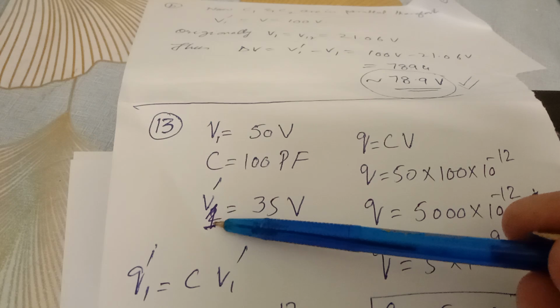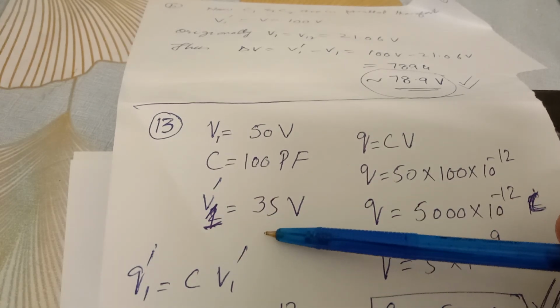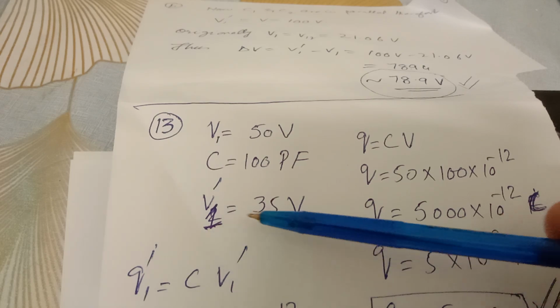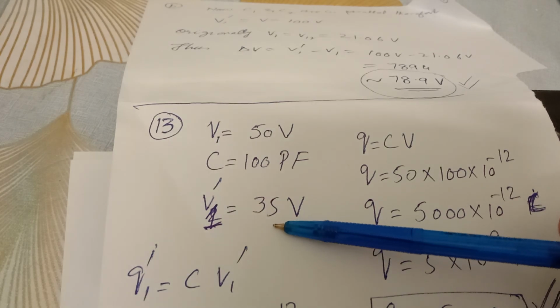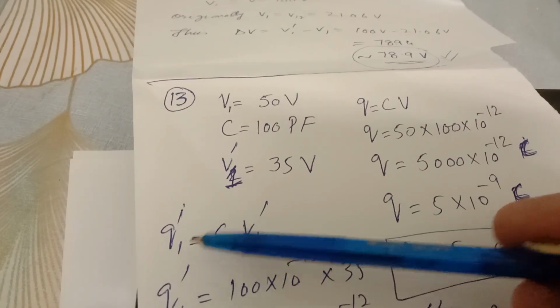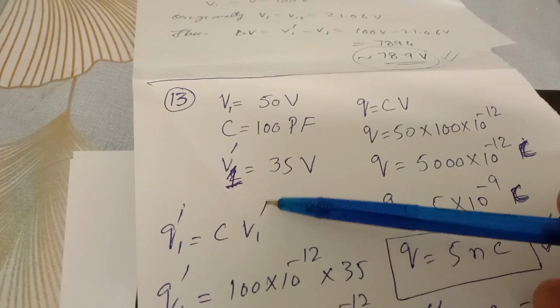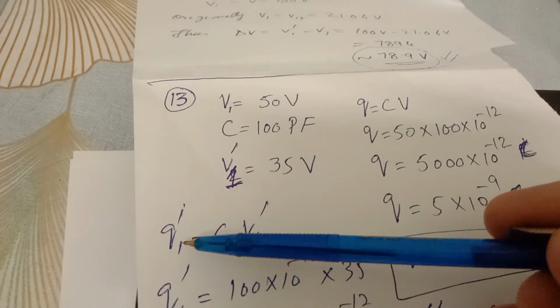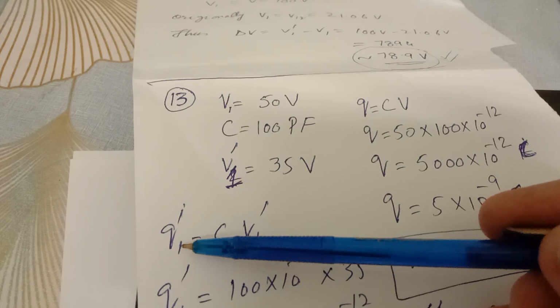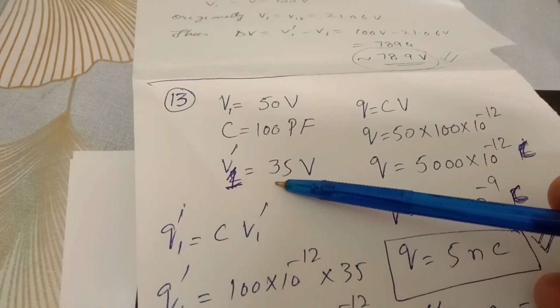Now both capacitors are in parallel, therefore they will both have the same potential difference of 35 volt. So Q dash on the first capacitor, which is initially charged, is equal to C V1 dash. V1 dash is the 35 volt. This is the new charge on the capacitor when the potential difference across it drops to 35 volt.